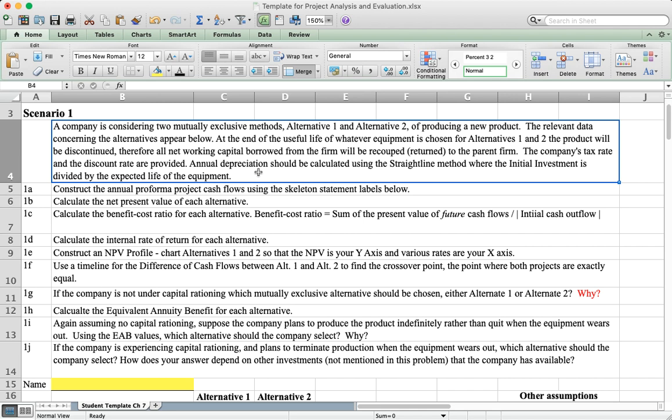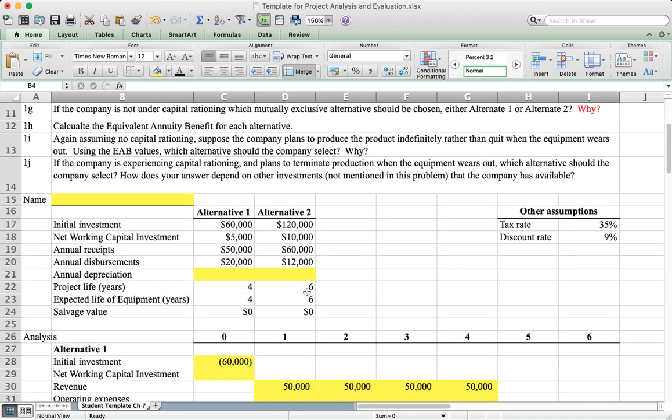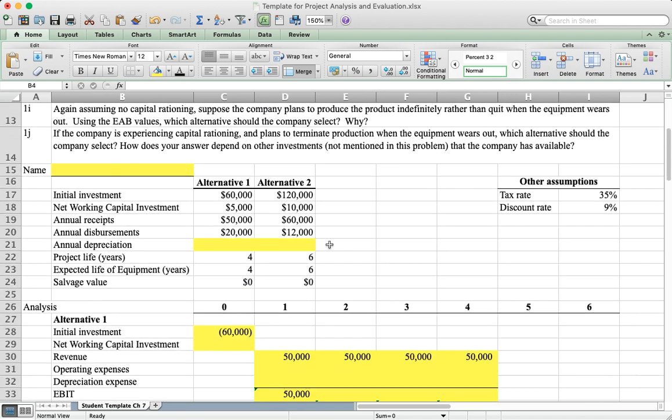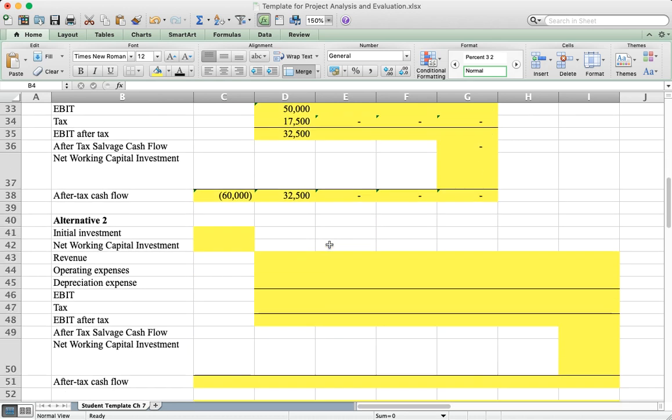If they were independent projects, you could choose them all if they're acceptable projects. In this case, these 2 methods for producing a product, you're either going to produce it with alternative 1 or with alternative 2. You don't have to produce it both ways, but you need to make an investment in one of them. So you're looking to choose the best alternative. That's what it's asking you to do in scenario 1.